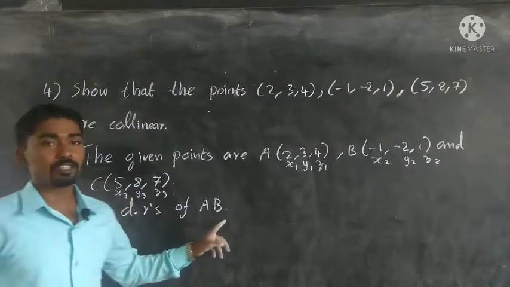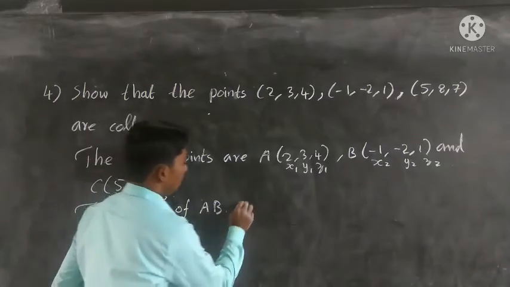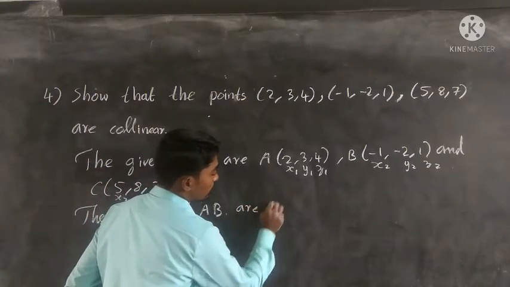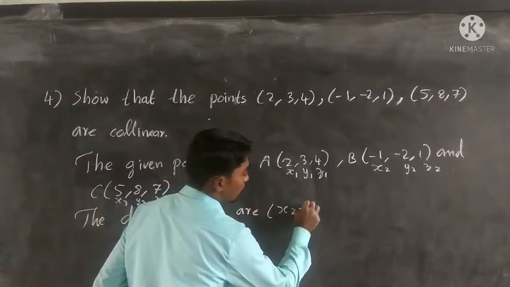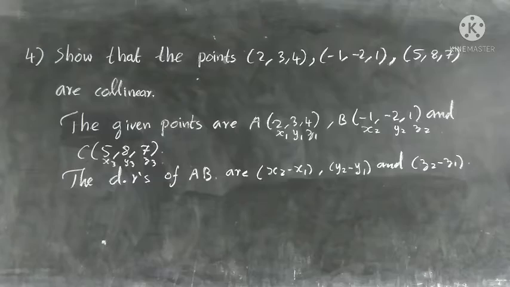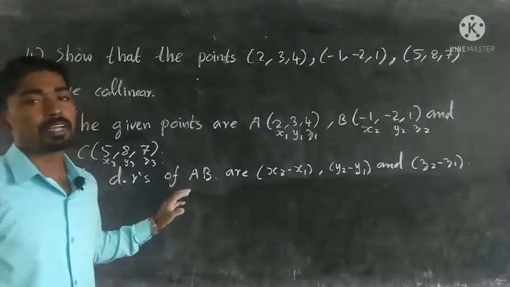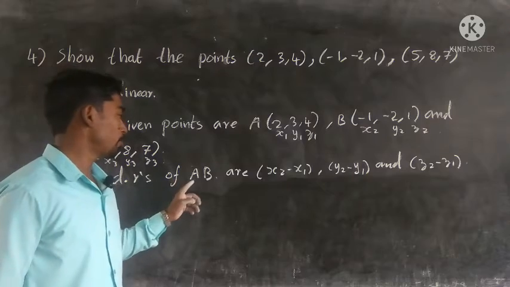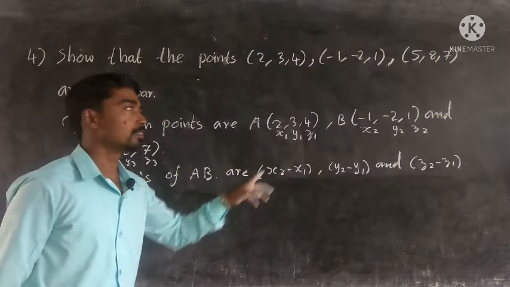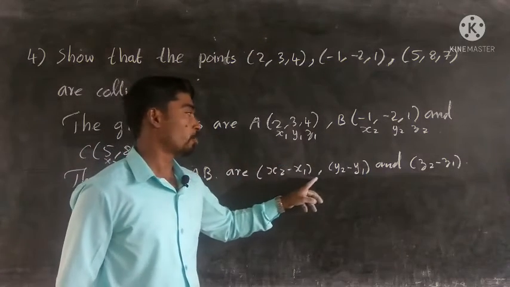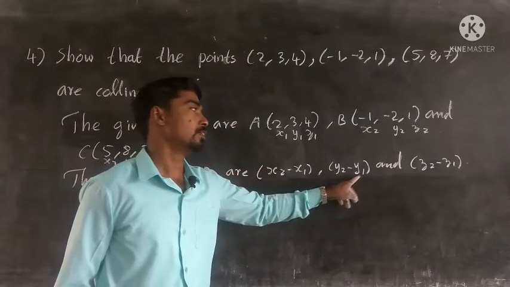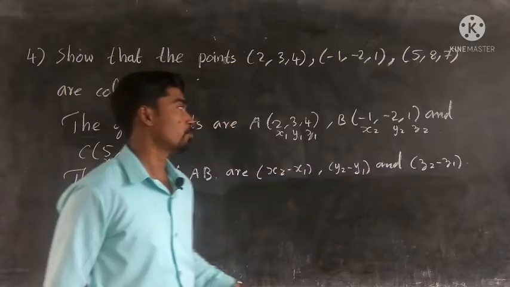Then the direction ratios of AB are x2 minus x1, y2 minus y1 and z2 minus z1.